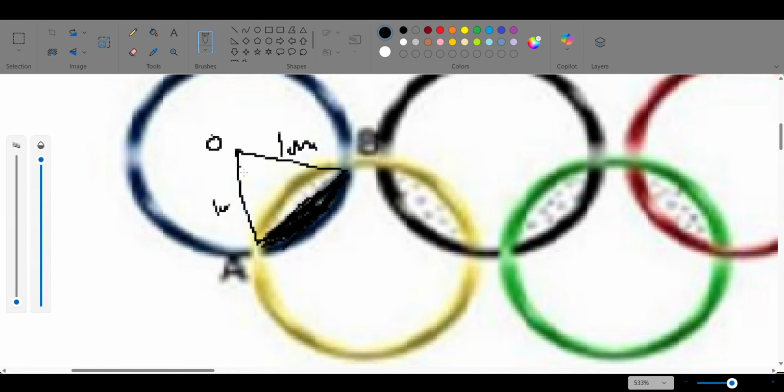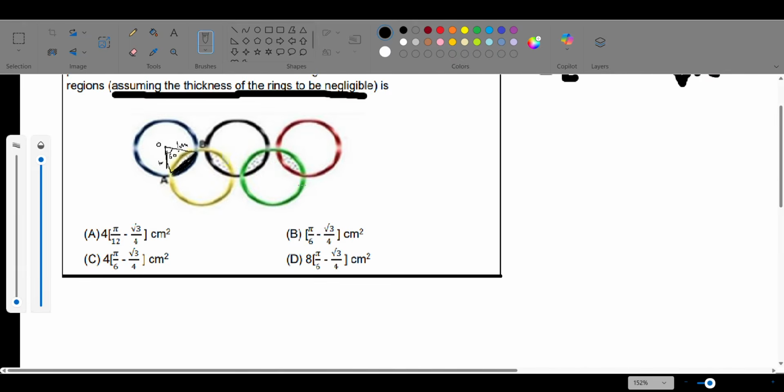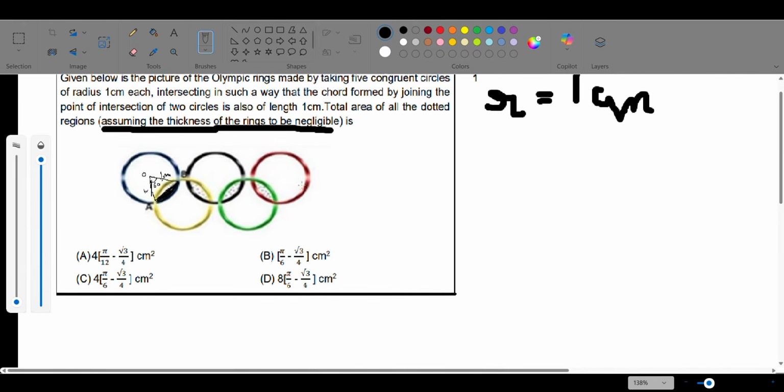So all sides are equal, hence this triangle is an equilateral triangle. So the angle subtended here is 60 degrees. Why? Because an equilateral triangle has all angles 60 degrees, since it has the same angles and same sides.